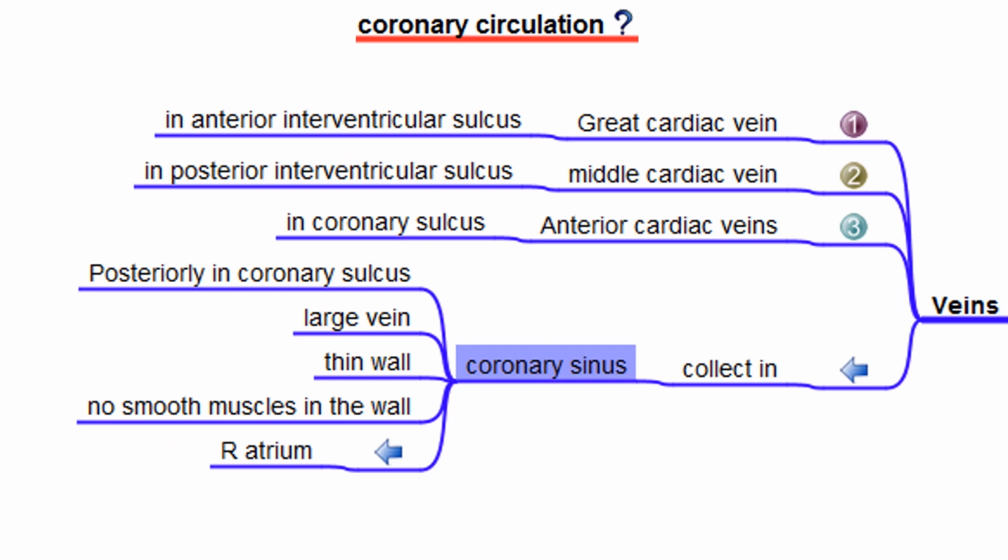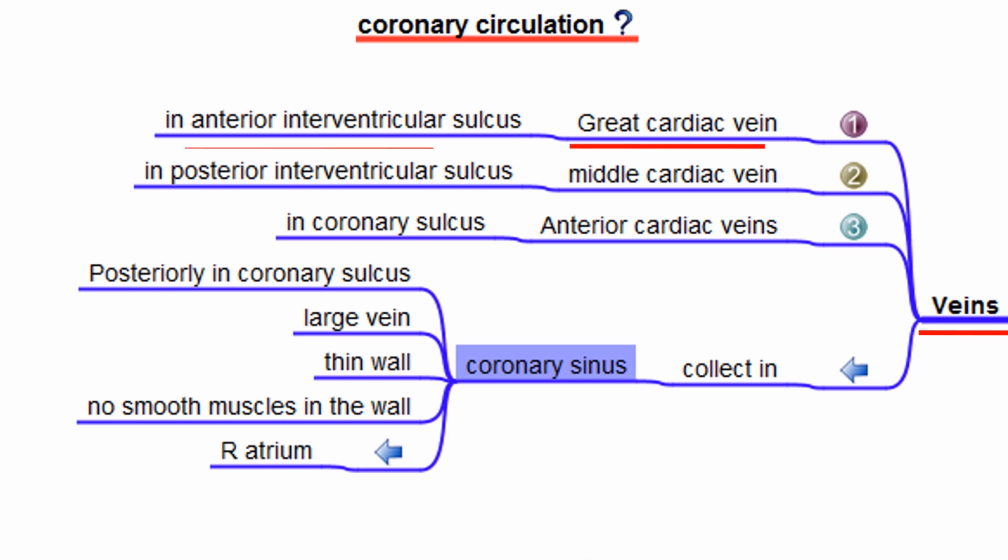Now, the heart is a hollow muscular organ and needs a very good blood supply, and of course the very good arterial blood supply will need an equally important venous system draining the venous blood from the heart. The veins of the heart are as follows. We have the great cardiac vein.